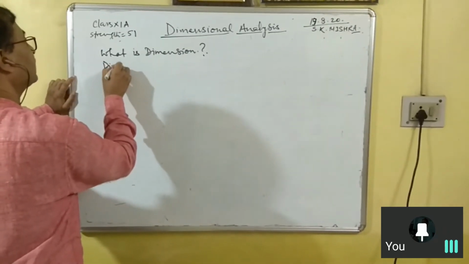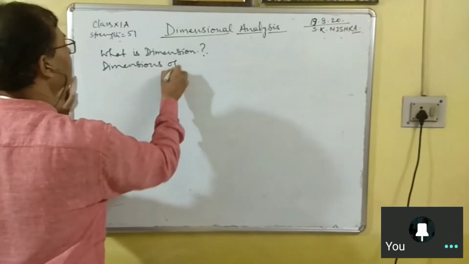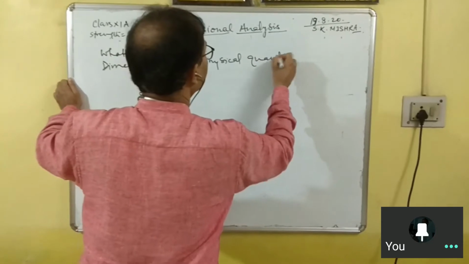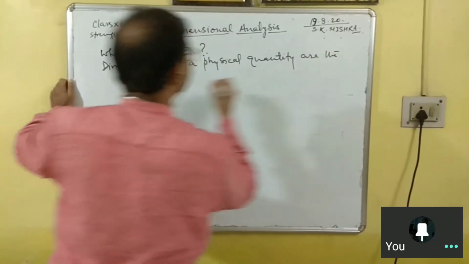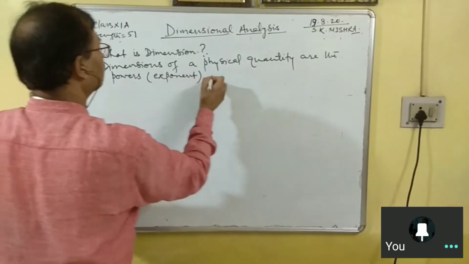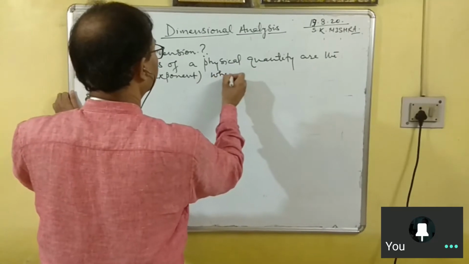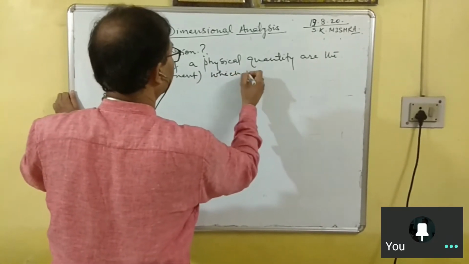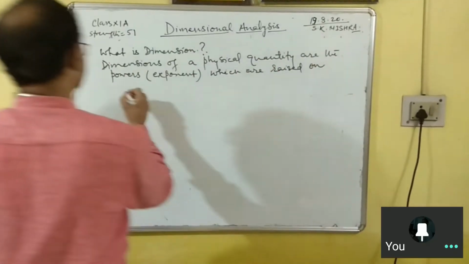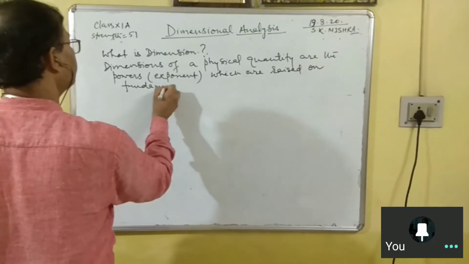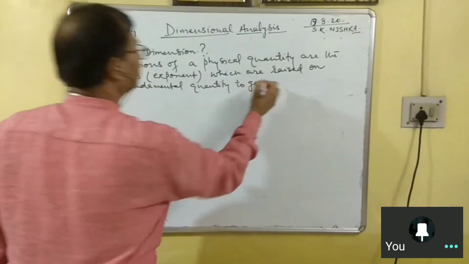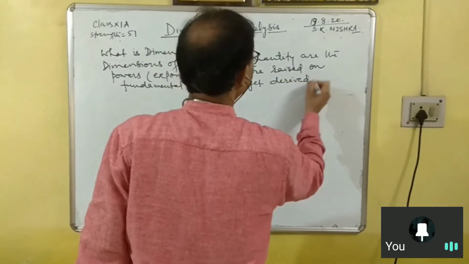Dimensions of a physical quantity are the powers, or exponents, which are raised on fundamental quantity to get derived physical quantity.